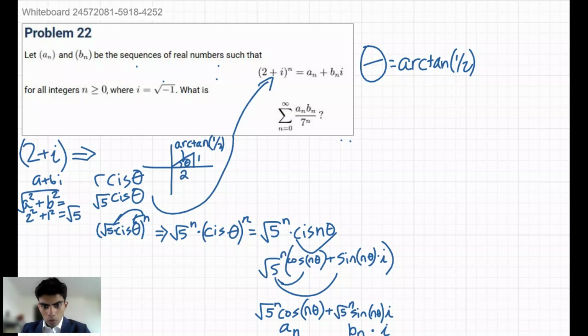Okay, let's now multiply it together since we're asked to find the infinite sum of a sub n times b sub n over 7 to the n. So let's multiply these two terms together.